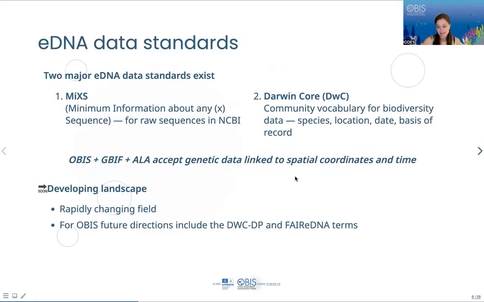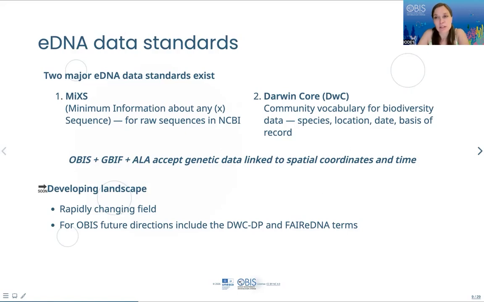So eDNA data standards, as you have heard also during this workshop, are a multitude. Well, there's two major eDNA data standards: MIxS, minimum information about any sequence, often used within NCBI. And then we have Darwin Core, the community vocabulary for biodiversity data, which is used within OBIS and GBIF.